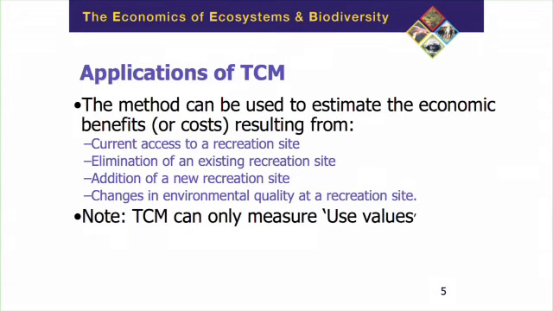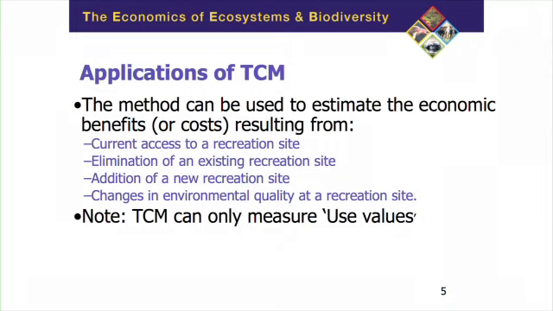So what can we use the travel cost method to measure? Current access to a recreation site. If you've got Grand Canyon, we can measure the consumer surplus value of visitors to the Grand Canyon. So who are the current people going to that site, how far are they traveling and how much benefit are they getting? It may also look at elimination of a site.